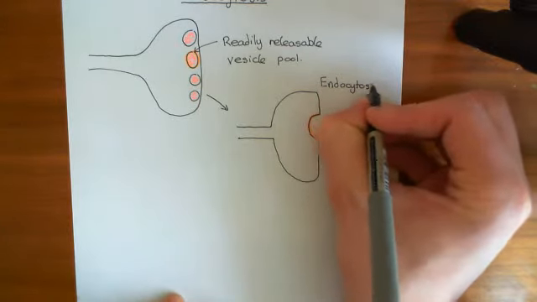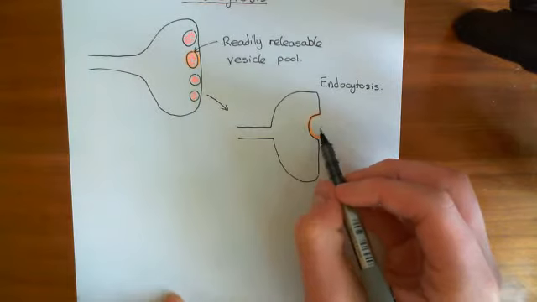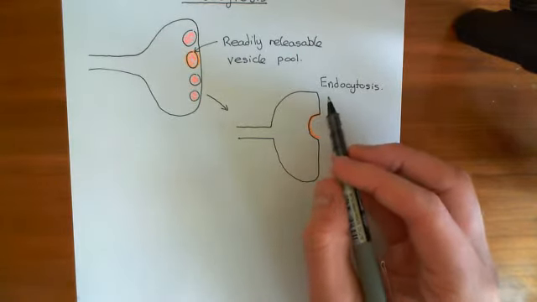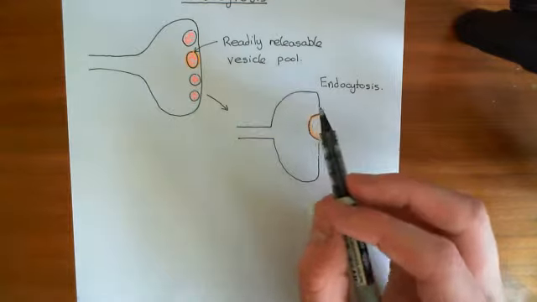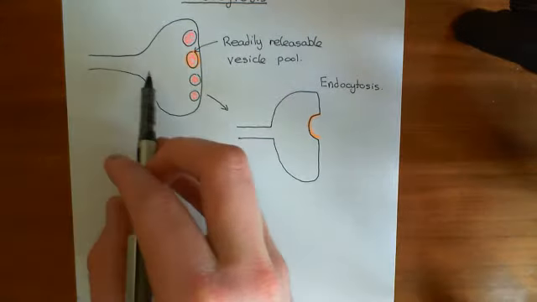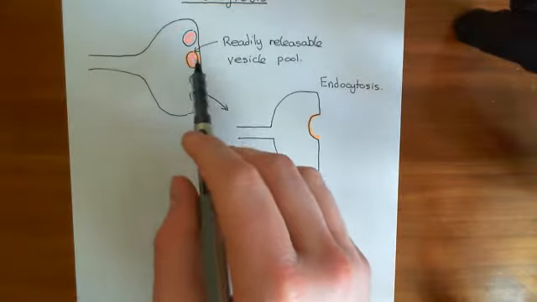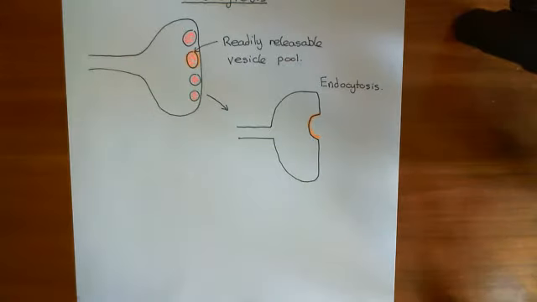Okay, so the first thing to discuss is that endocytosis in axon terminals is triggered when you have exocytosis. So when you fire action potentials along the axon and those action potentials reach the axon terminal of the neuron, then you're going to get fusion of these docked synaptic vesicles with the presynaptic membrane.